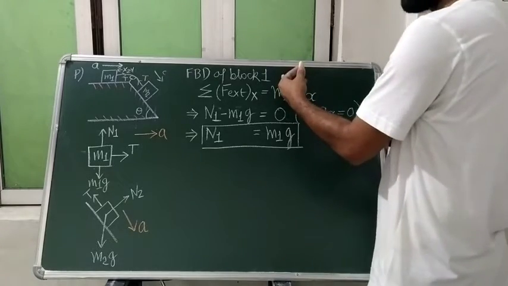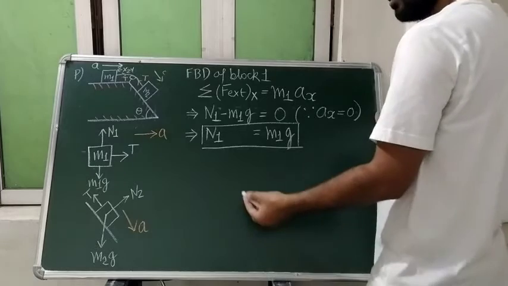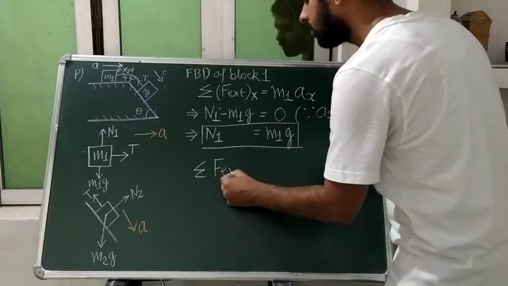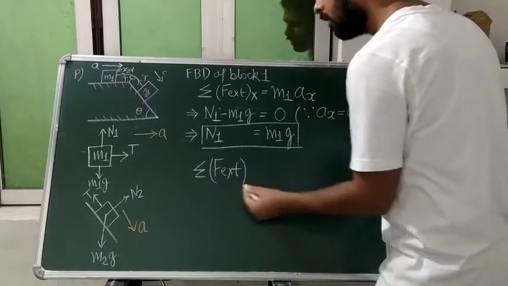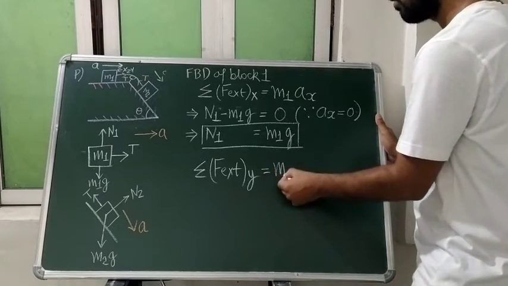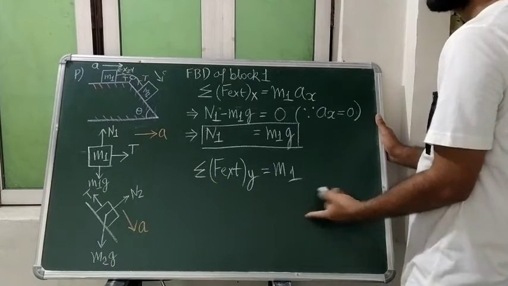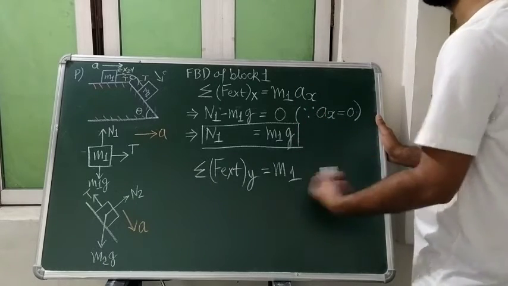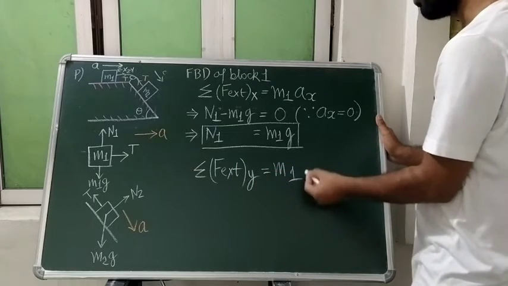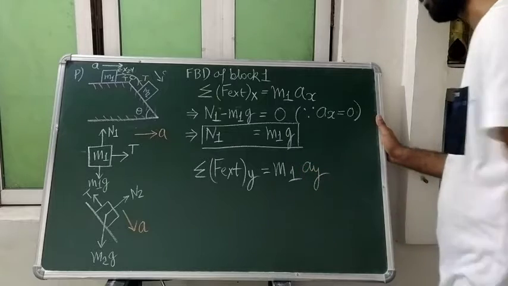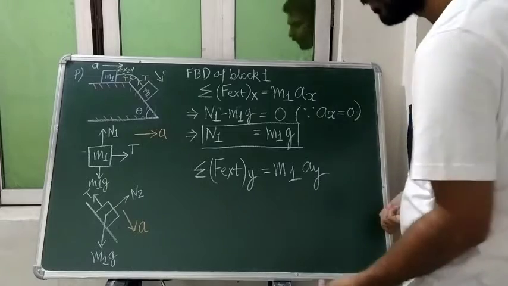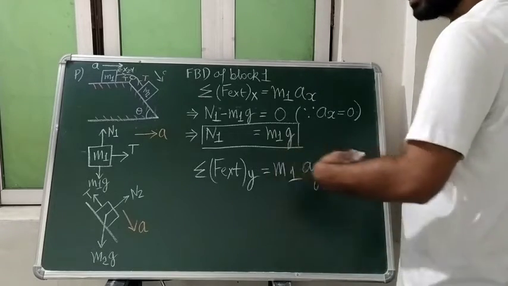And for block 1 we have seen the x direction; now we are talking about the y direction. The sum of the external forces in the y direction should equal the mass times the acceleration of the body in the y direction, a_y. What external forces act in the y direction?